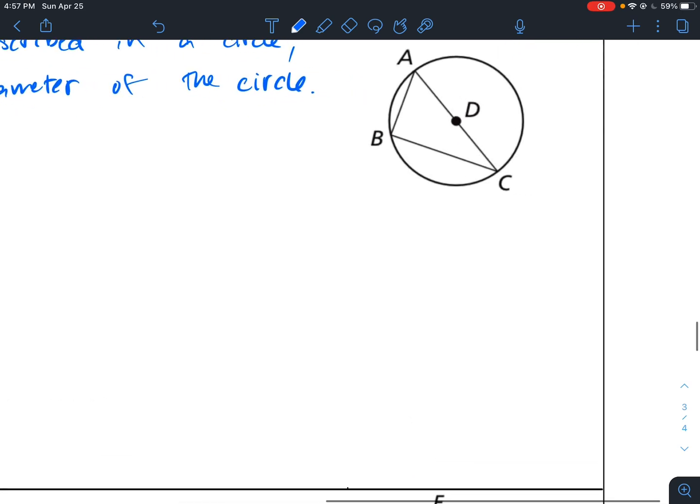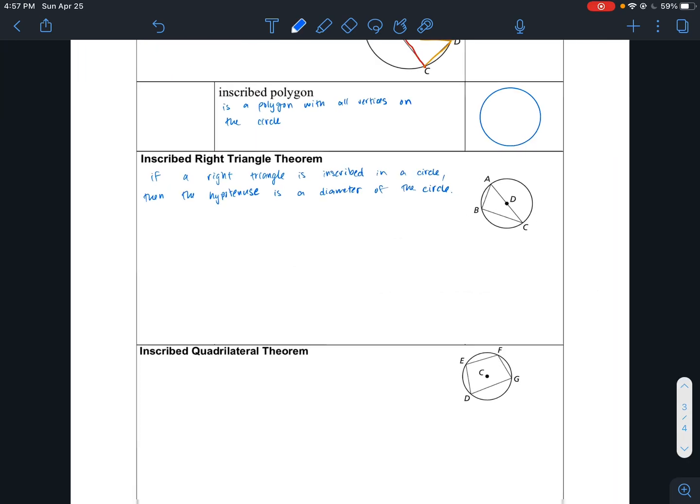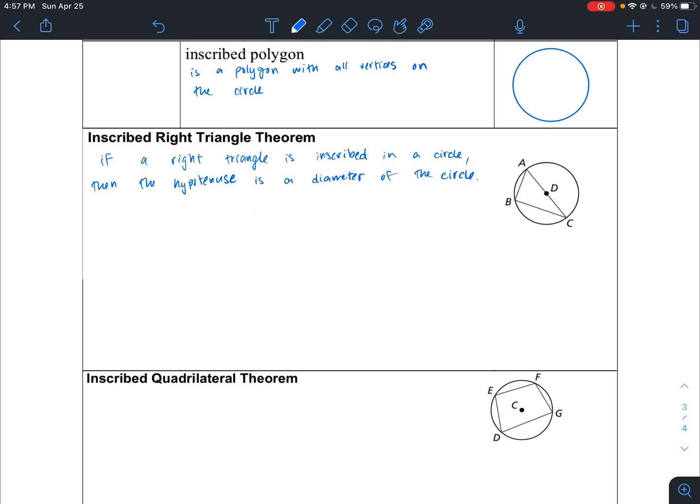Or if you have, let's say right here, a diameter, then its corresponding inscribed angle has to be 90 degrees, right? Okay, so that's pretty much it right there.